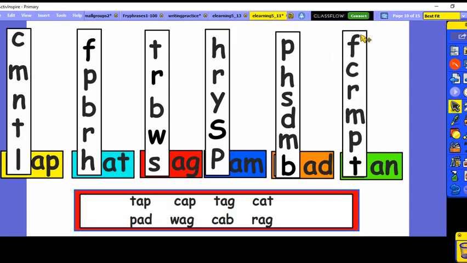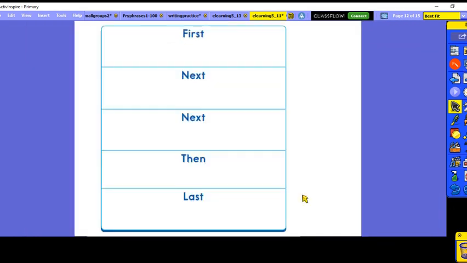Okay, let's look on the bottom and we'll read some of these words. Tap, cap, tag, cat, pad, wag, cab, rag.